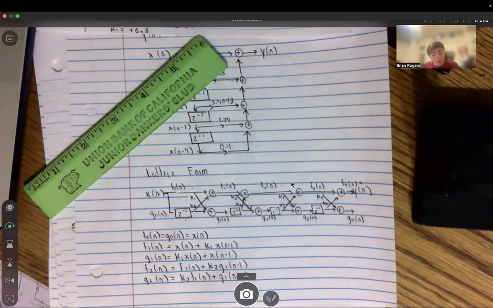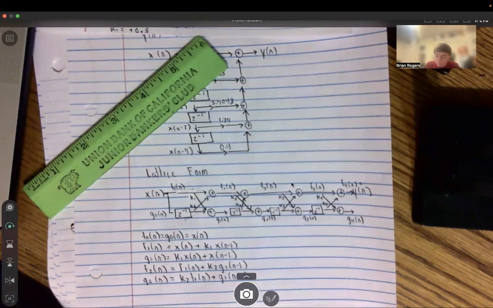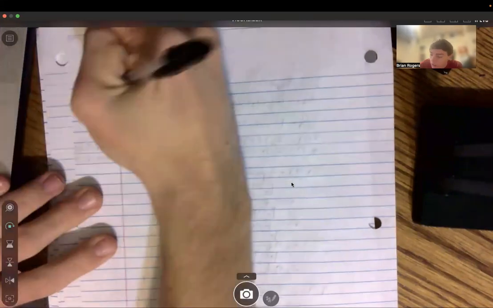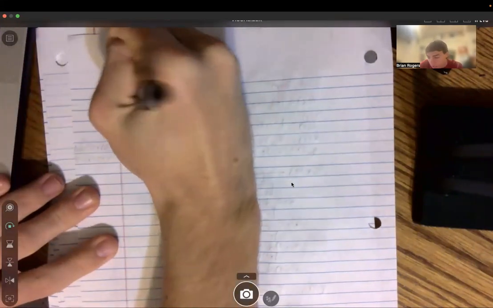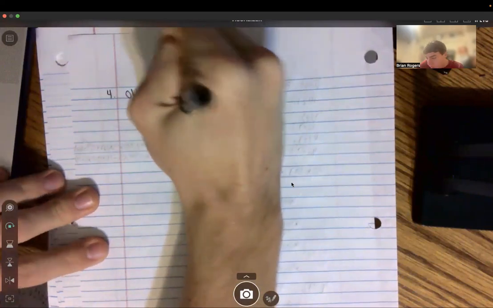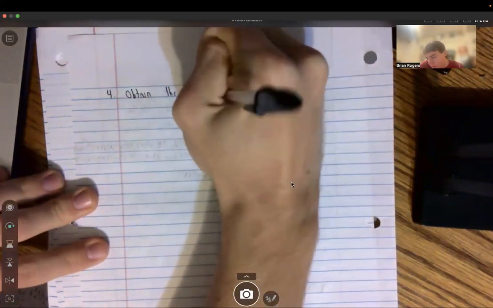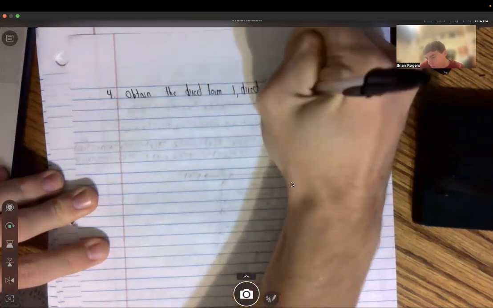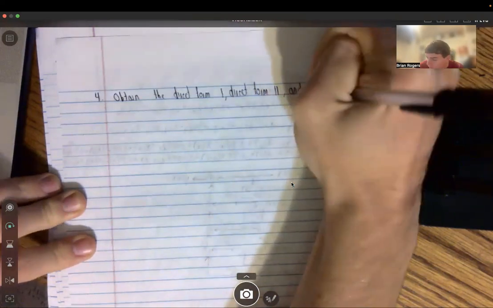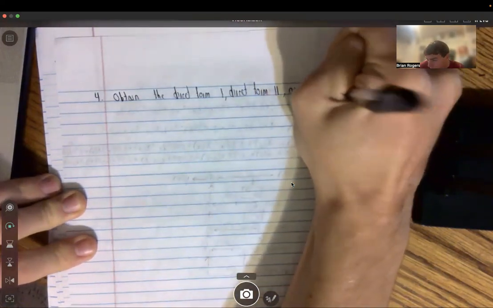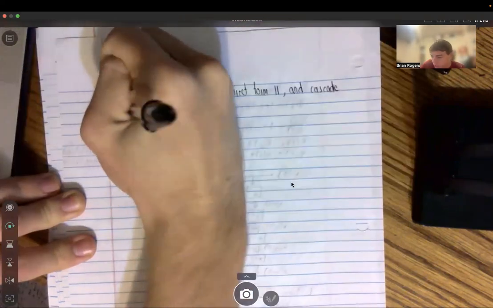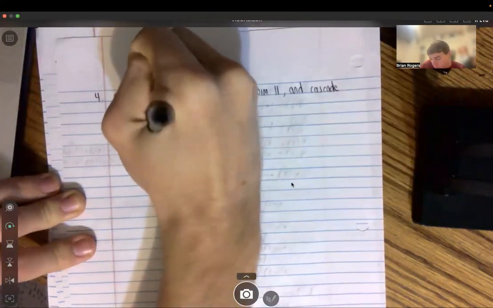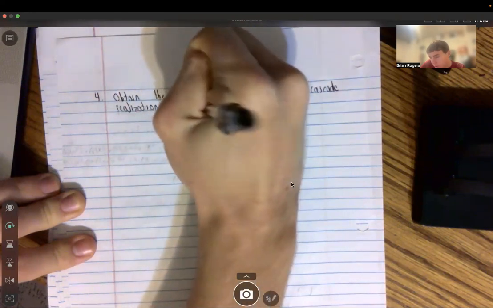So now that we determined that, we're going to look at the next part, which is dealing with a recursive system with the y. So for number 4, it says obtain the direct form 1, direct form 2, and cascade realizations for the following causal system.